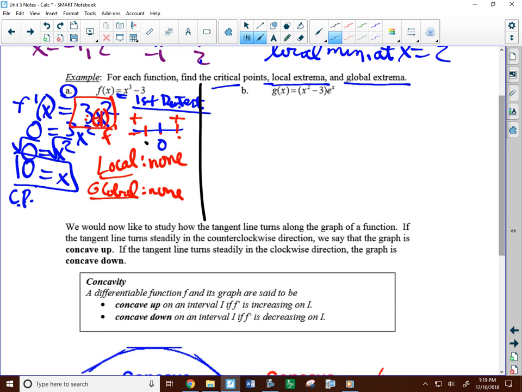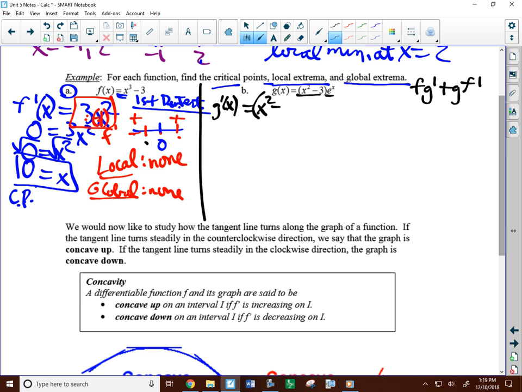A different function. Well, critical points. Gotta do the derivative. G prime of x. I have two values, a binomial term, x squared minus 3, and then e to the x. They're multiplied, so I'm going to do product rule: f g prime plus g f prime.